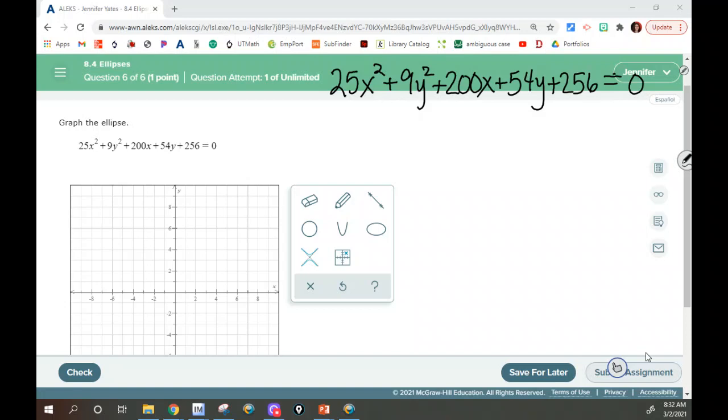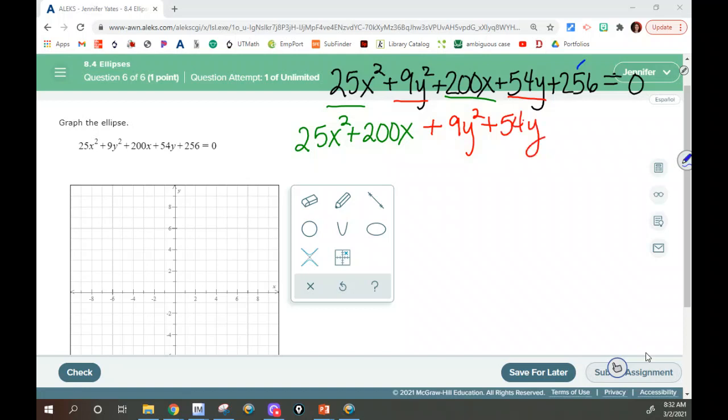So what I want you to do is group your x's, 25x squared plus 200x. We're going to group our y's. And we're going to put this guy on the other side.